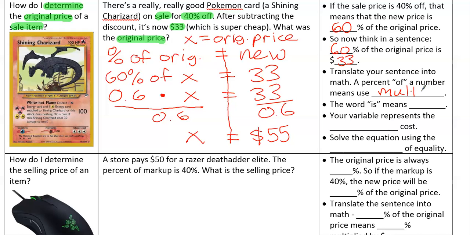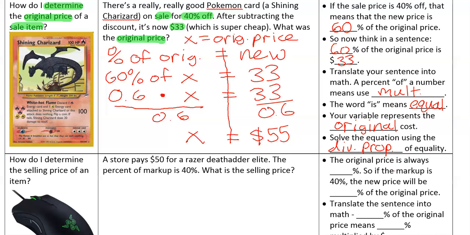You're going to be multiplying. The word is means equal. And your variable represents the original cost. Finally, we solve the equation using the blank of equality. We should say division property. I forgot there should be 2 lines here. Division property of equality.